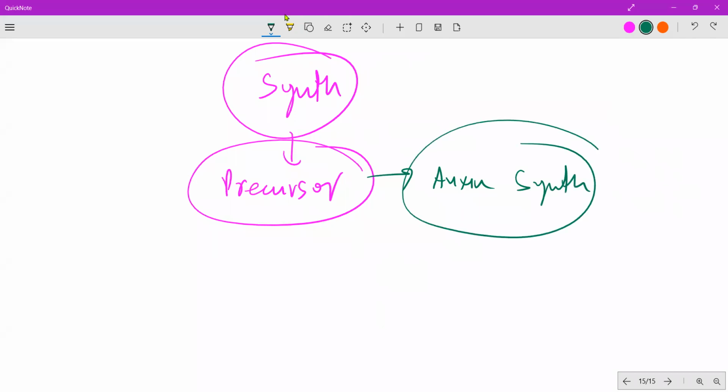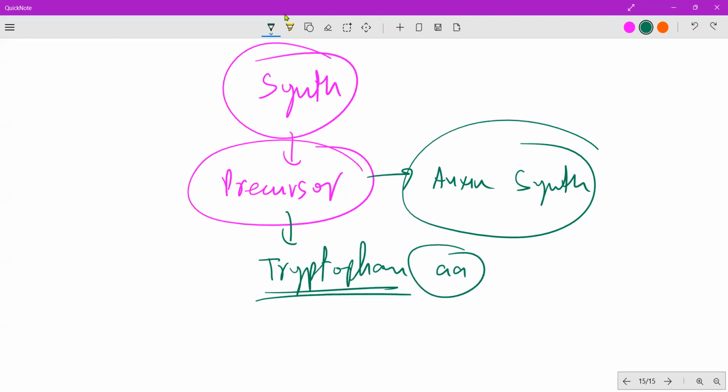We know, very simple. The precursor for auxin synthesis is mainly tryptophan, which is an amino acid. We know it is an amino acid, tryptophan. So this is the precursor for the synthesis of auxin.